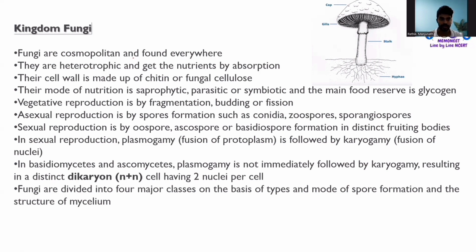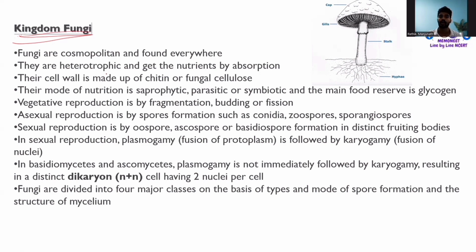So the next kingdom is kingdom fungi. Normally people pronounce it as fungi or fungi, either is fine. Kingdom fungi are cosmopolitan in nature. That means they are found everywhere: in soil, water, air, and even on plants as well as animals.